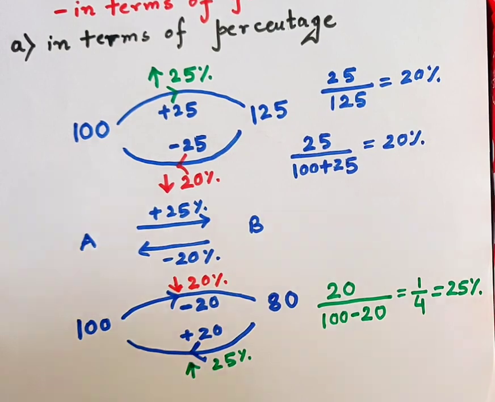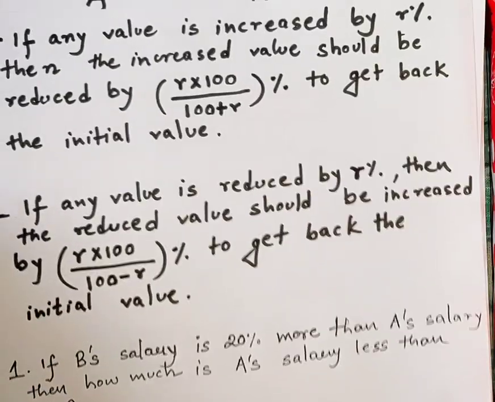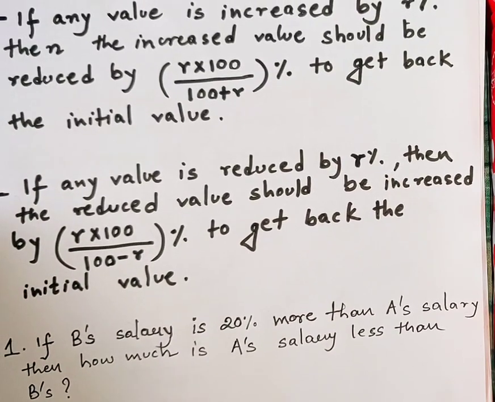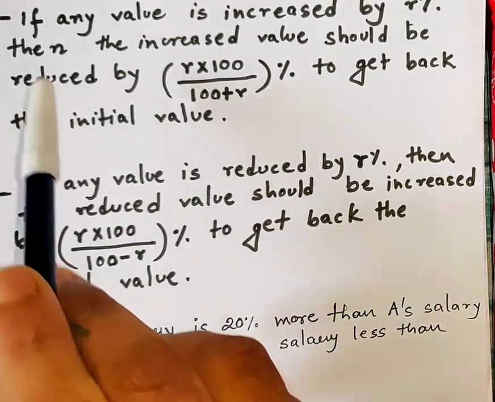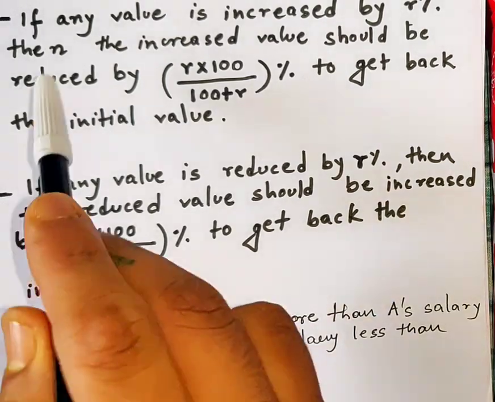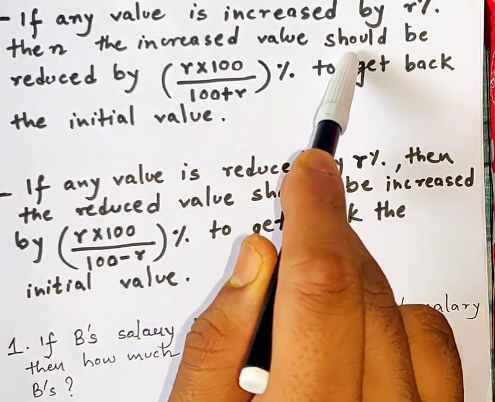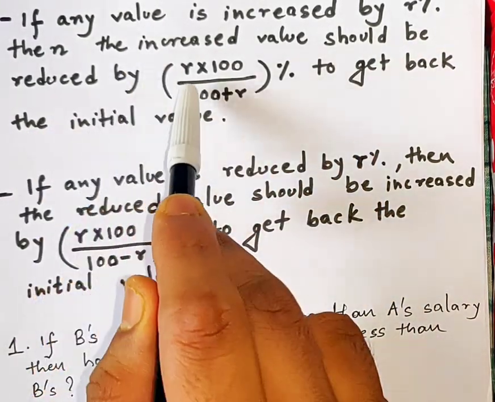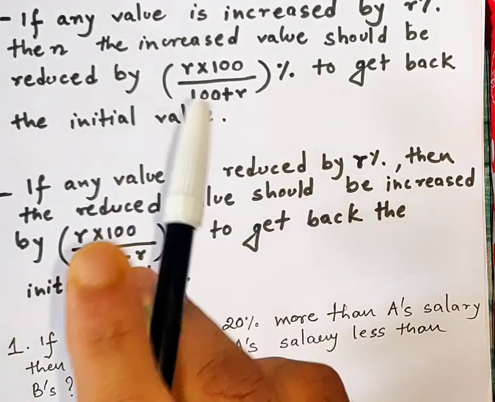Okay, so this brings us to the standardized process. What is the standard process? This brings us to this standard formula. I hope this is visible to you. If any initial value, say A or 100, is increased by R%, then the increased value should be reduced by R by 100 plus R into 100% to get back the initial value.